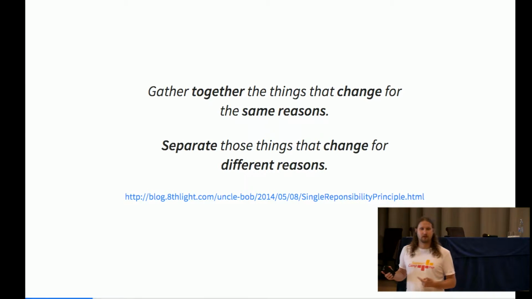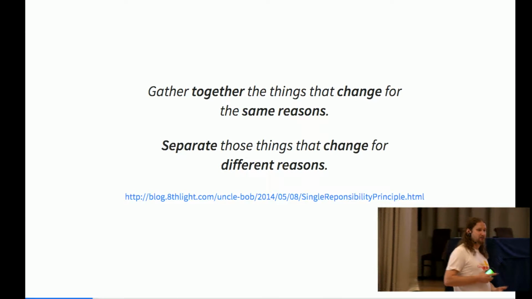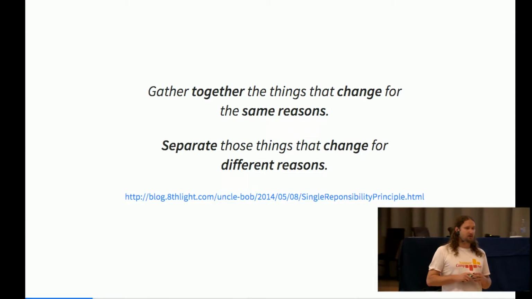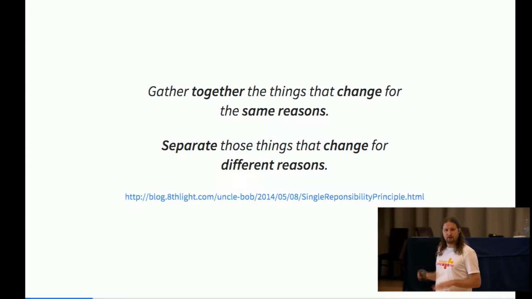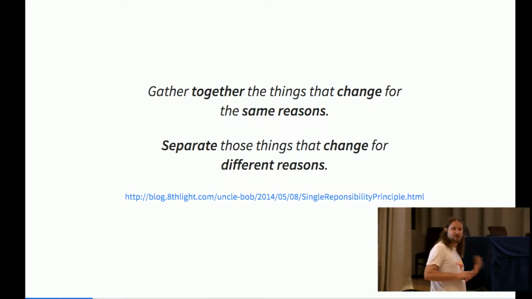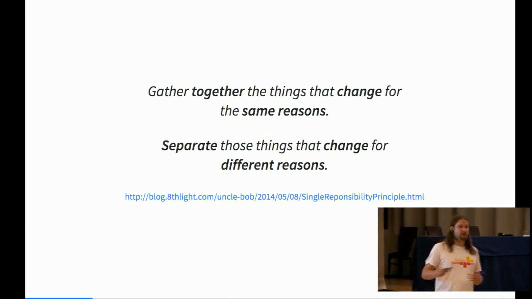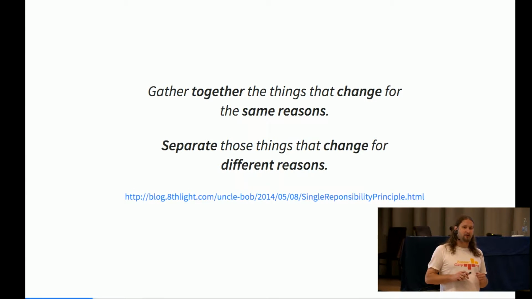That's a different reason. Or we might change the database to persist somewhere else. That's yet another reason to change. So by applying the single responsibility principle, we achieve high cohesion.